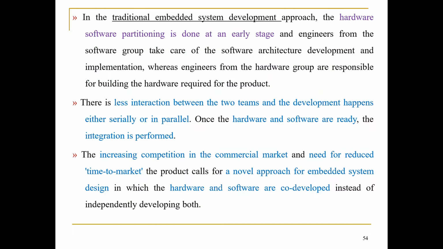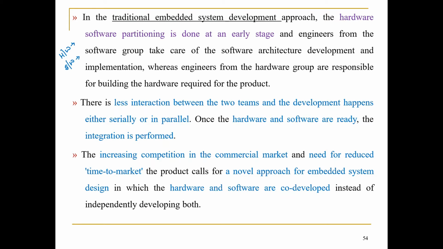Moving on further. In the old traditional days, when there was not much competition in the market, the manufacturing companies used to manufacture hardware units separately and software units separately. There were separate hardware developers and separate software developers.